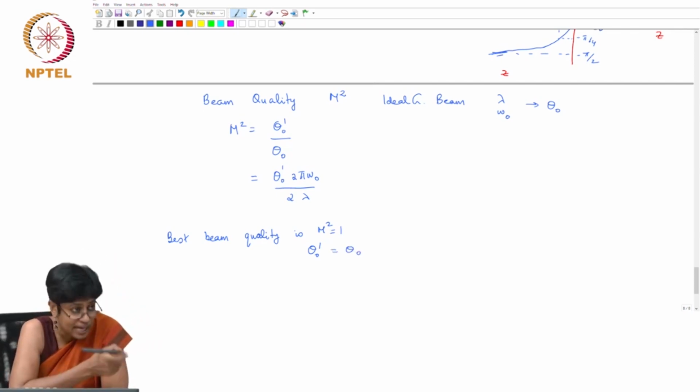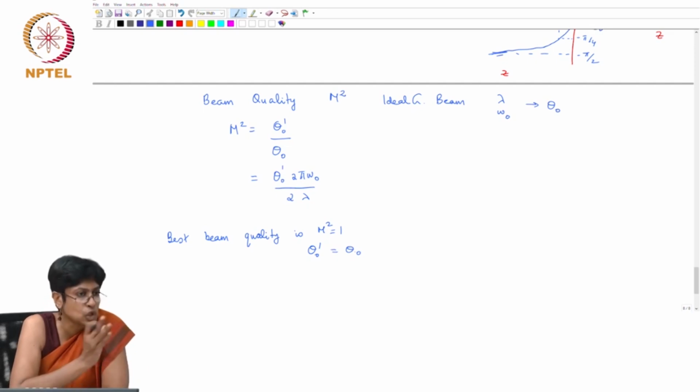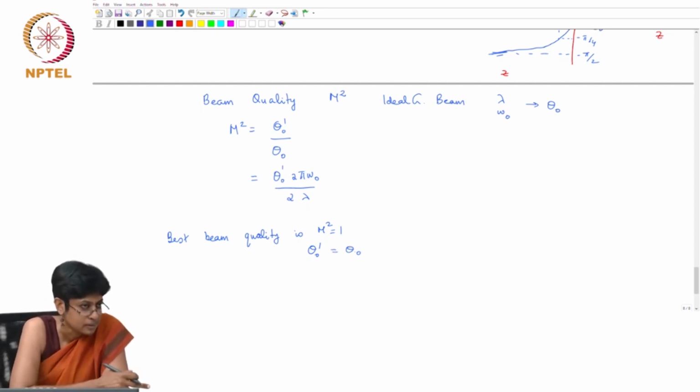So I can never have M squared less than 1. And you always strive to create a source that will generate an M squared as close to 1 as possible. Many sources will achieve close to 1. But again, as I said, if you're working with very high power sources, you may be quite far away from 1.